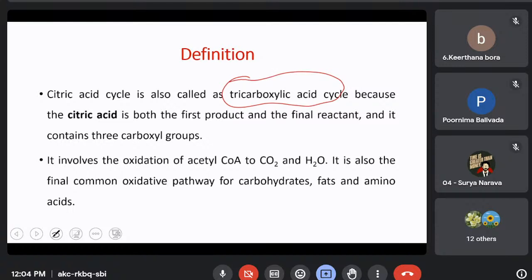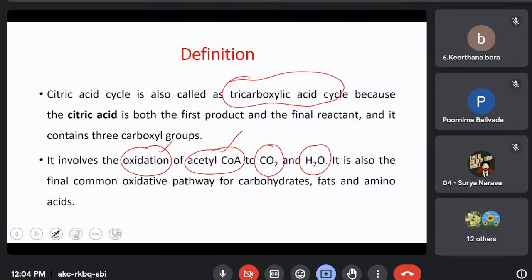So what does it actually involve? The Krebs cycle involves oxidation of acetyl coenzyme A. When acetyl coenzyme A is oxidized, it results in the formation of carbon dioxide and water.